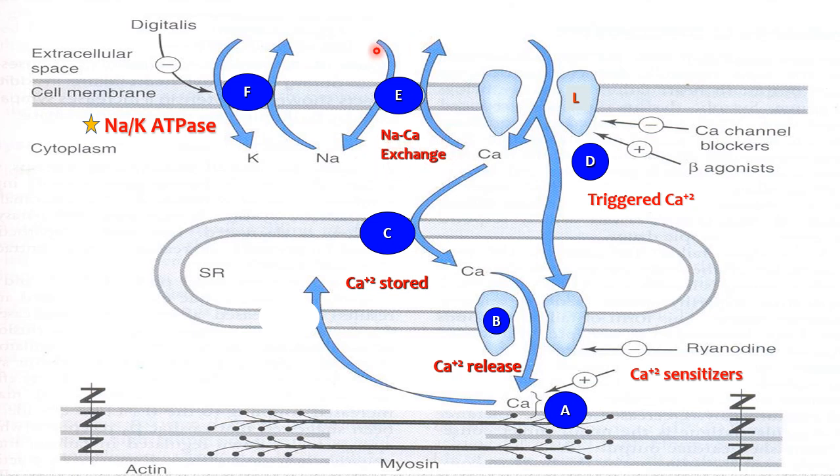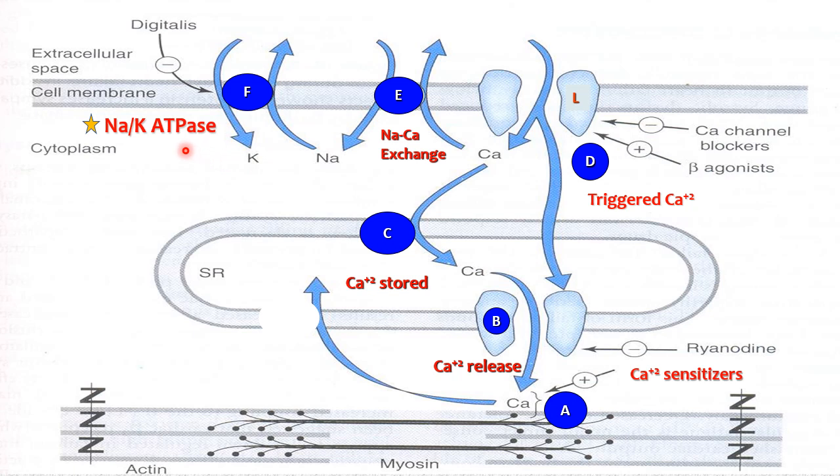This is an antiporter. It uses sodium gradient to move calcium against its concentration gradient from the cytoplasm into the extracellular space, and its ability to carry out this transport is mainly dependent on the intracellular concentration of sodium ion.